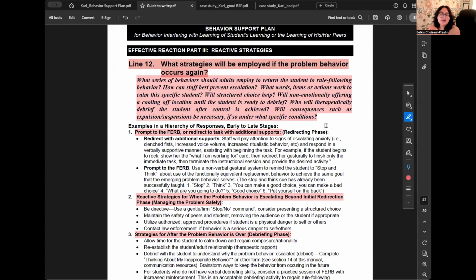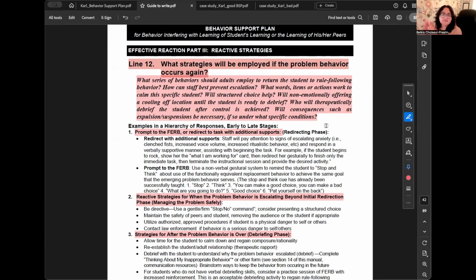What do all adults in this plan know to do if the behavior happens again? Do we know how to prevent that behavior from getting worse, from escalating? Do we know if there are items or words or situations that are going to calm the student down? What do we do? That's literally the big question here.